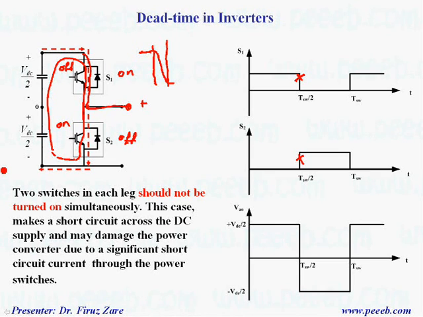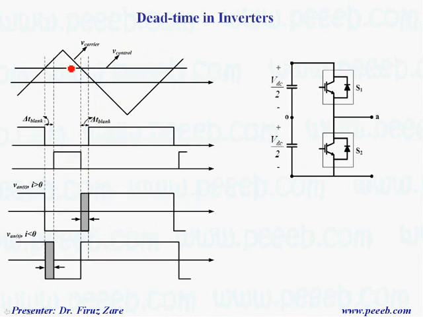So to prevent this issue, we can switch off both switches and then switch on the other one. Let's start at this point. Here it shows that this is for switch 1, this is for the second switch, S2. During this time, S1 is on. That means this point is connected to this terminal, so we have VAN.